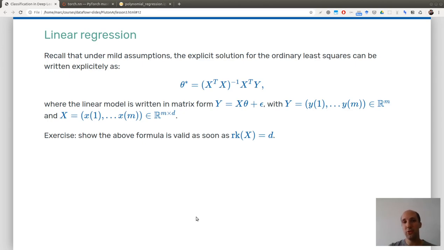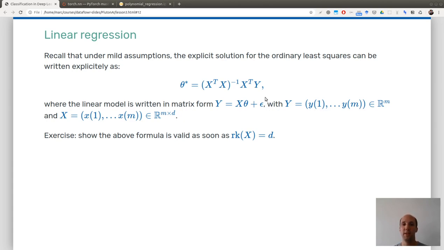Okay, for those who are familiar with linear regression, it might be puzzling to do all this stuff because it is well known that we can solve explicitly. There is a mathematical formula, given here, for the optimal parameter theta solving the optimization problem.